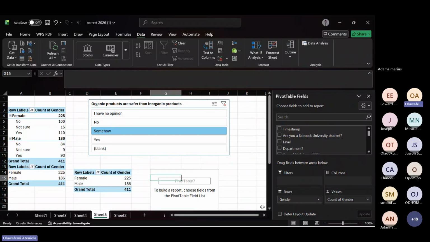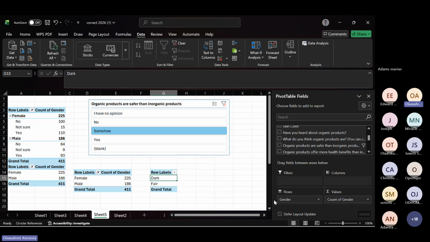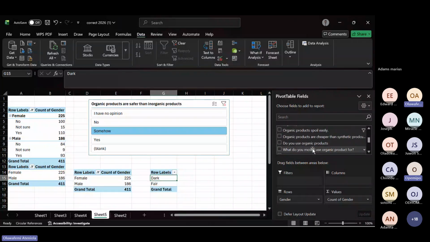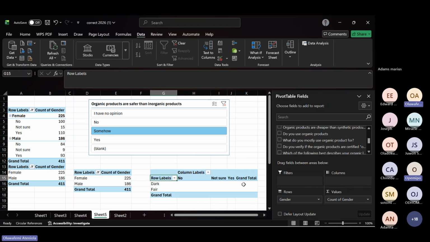So if I decide to say skin tone, dark skin into rows, please let's pay attention to just this one alone. Dark skin, fair skin. And then I say, do you use organic products? Yes or no? Good.